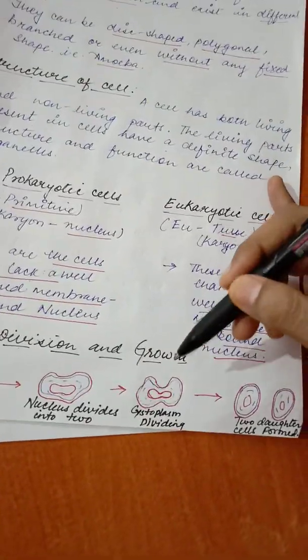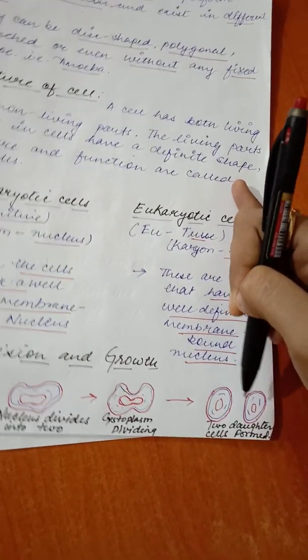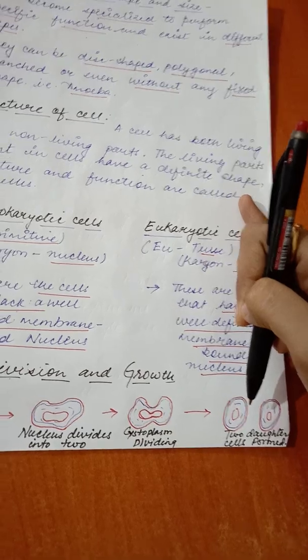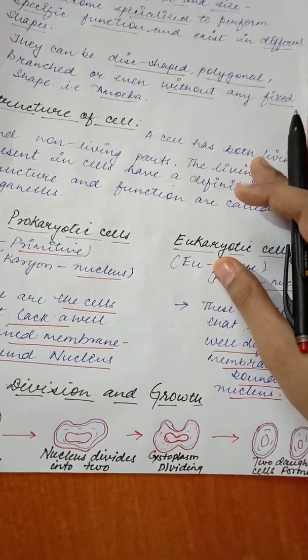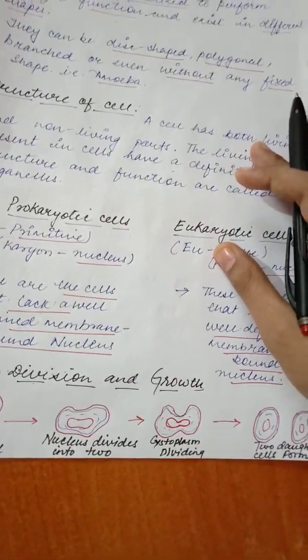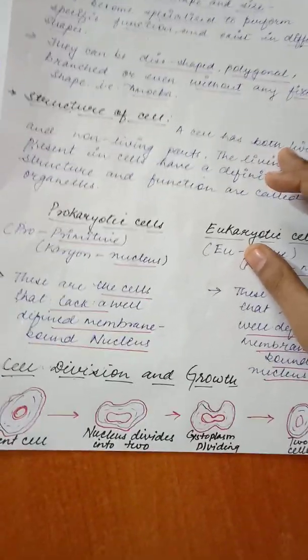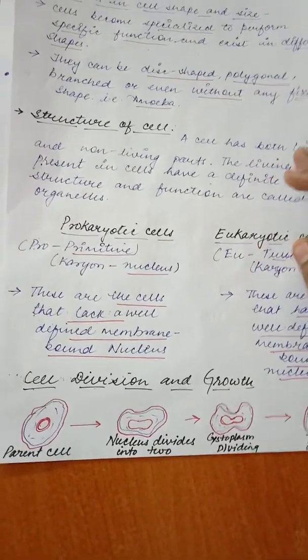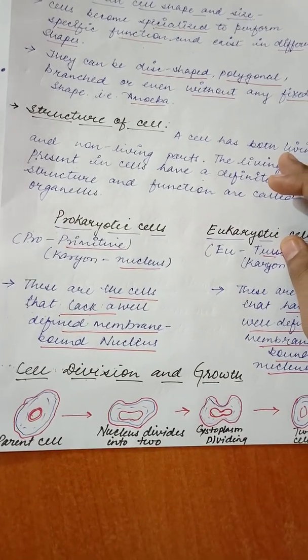Then you could see the cytoplasm dividing here. And the final result is two daughter cells formed, exactly similar to the parent cell. So this is how cell division and growth goes on.